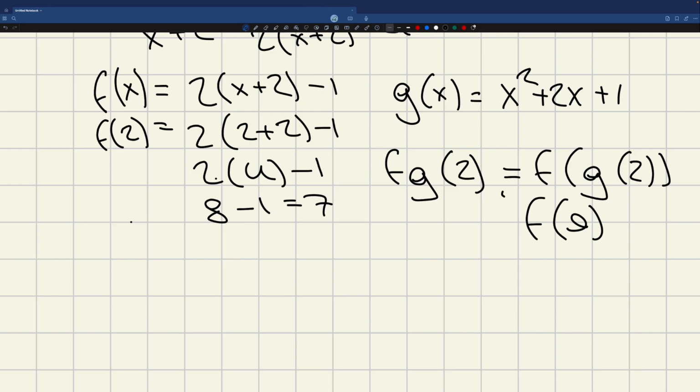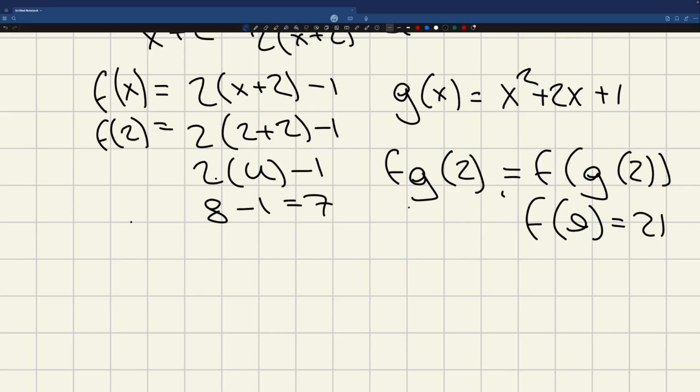Now f of 9 is simply we put a 9 right over here. 9 plus 2 is 11. 2 times 11 is 22. 22 minus 1 is 21. Done. So f of g of 2 is equal to 21.